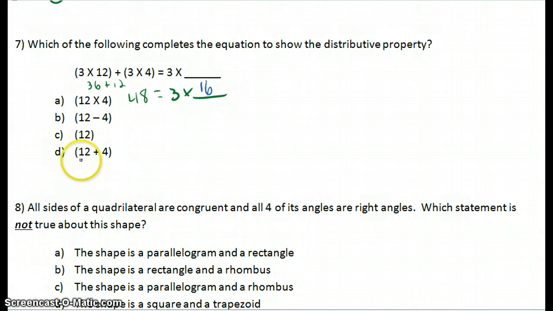And the other one that adds up to 16 is 12 plus 4. Another way to look at this is that on this one, we pull the 3 out. Okay, the 3 is out of there. The things that are left are 12 and 4. And they're separated by this addition, so 12 plus 4. That also gives you answer D.